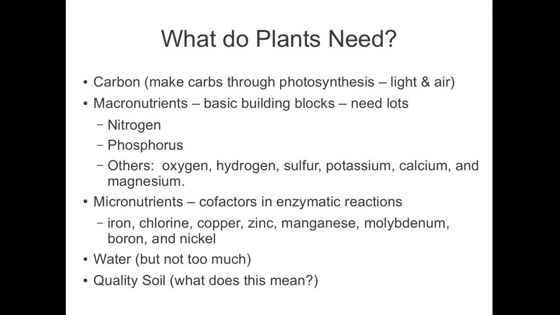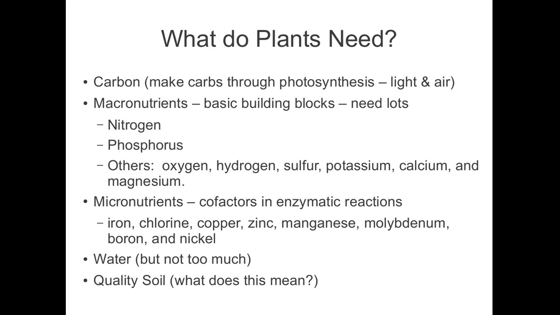So, in order to do this, plants need macronutrients. Macronutrients are nutrients that plants need a lot of, and micronutrients are things that plants need small amounts of. The main macronutrients that we're going to continue talking about, which we have been earlier in the course, are nitrogen and phosphorus.